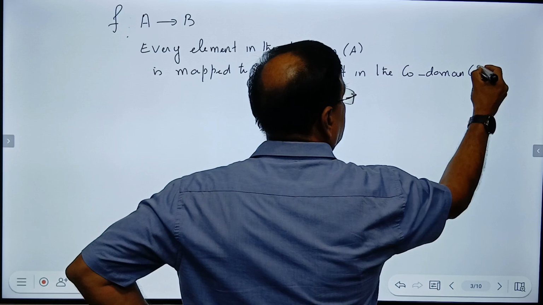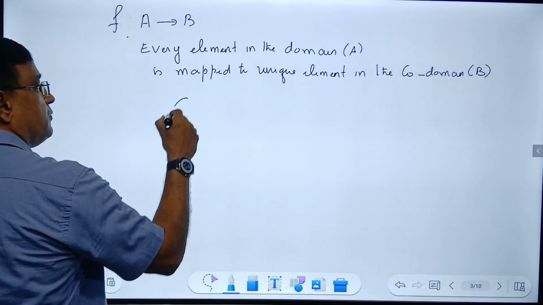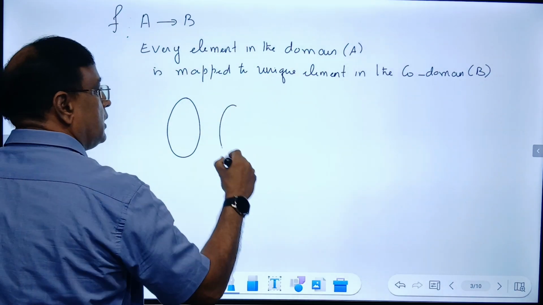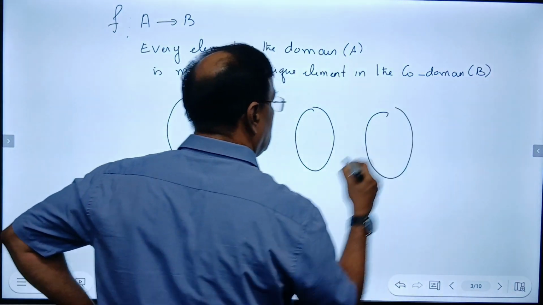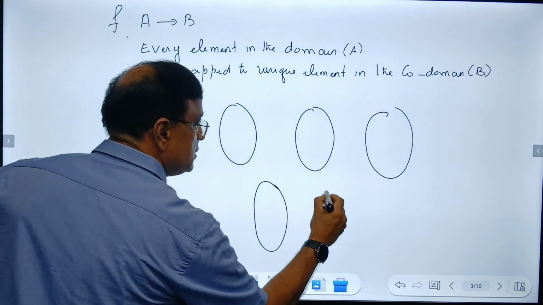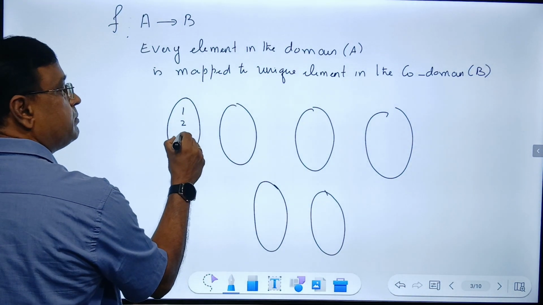So that is set B, correct? I'll just draw a few situations to understand whether it is a function or not. First, we should know what a function is. This is just a revision of the function that we have done in 12th standard, chapter 1.